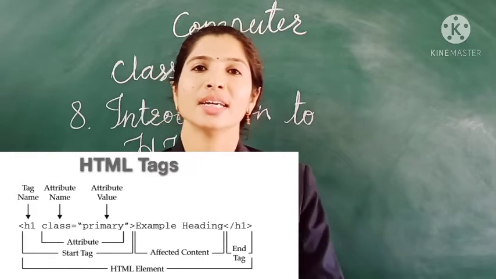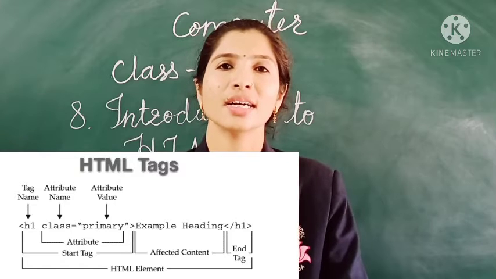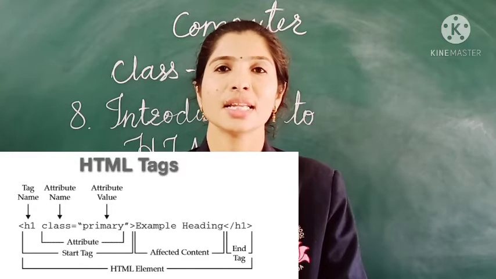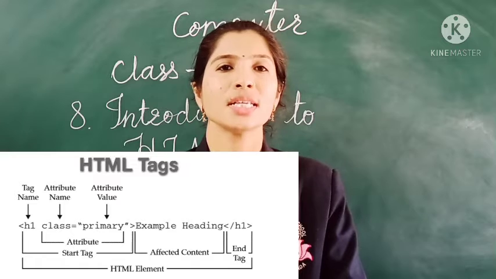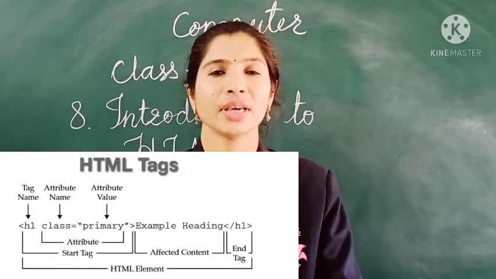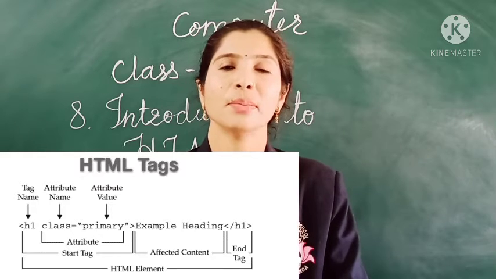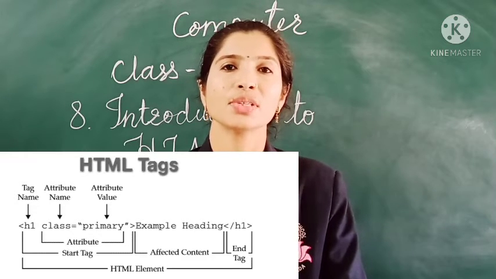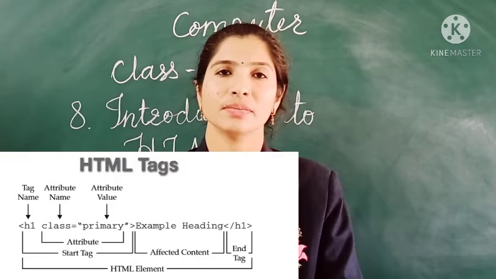This tag indicates that the content of a file is in HTML. This HTML tag is not visible when displayed in the browser, but gives a hint to the browser.